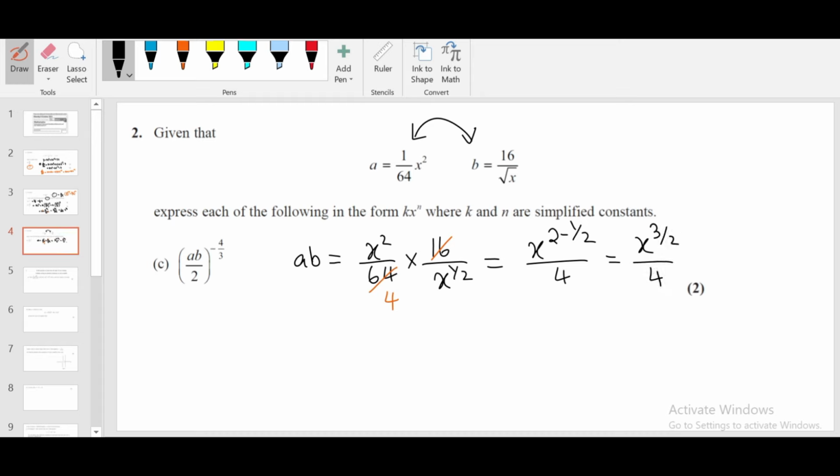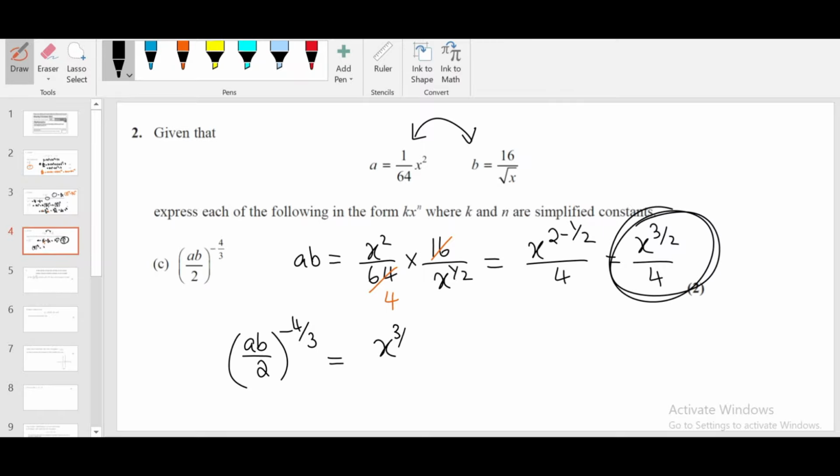That's ab. Now ab over 2 to the power minus 4 over 3 is equal to, when you divide by 2 it becomes x power 3 by 2 by 8, power negative 4 over 3. As I mentioned in the earlier sum, you can flip the fraction and change it to positive power 4 over 3.